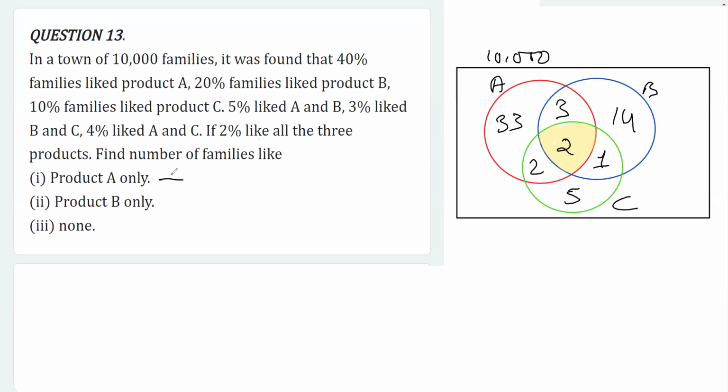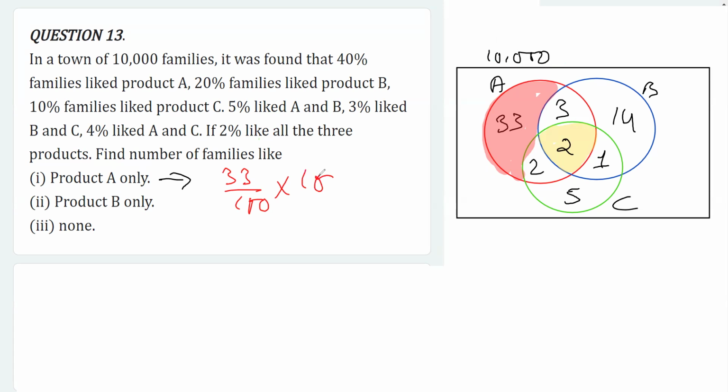Now we have to find out the people who like product A only. Product A only will be this portion, right? Which is 33, that is 33%. So 33% of what? Of the total, and the total is 10,000.